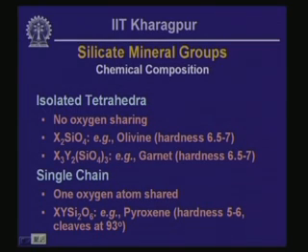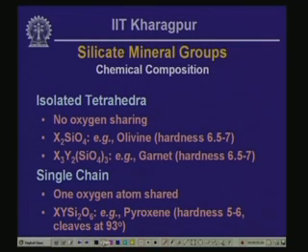In this case, you would not have any oxygen sharing, and the chemical formula that you are going to get for this type of mineral is going to be either X2SiO4, as in the case of an olivine mineral, or X3Y2(SiO4)3, as in the case of the garnet group of minerals.